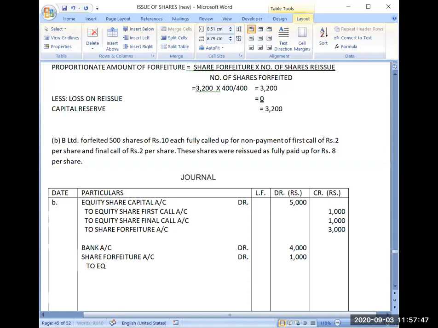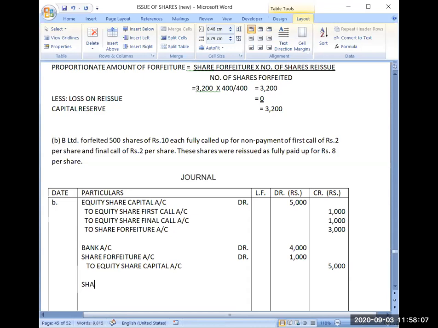To equity share capital account 5,000. So this will be the entry for reissue.